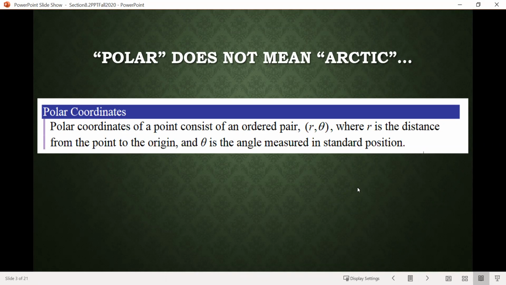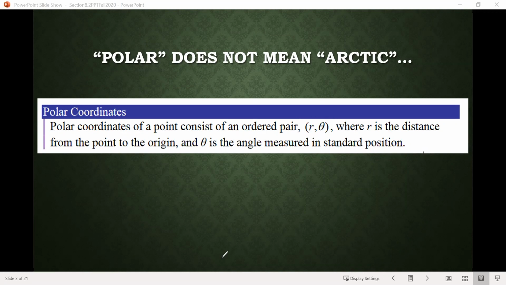So when we're looking at polar coordinates now, instead of having a point as, say, an x comma a y, we're still going to have an ordered pair, but this time it's going to be an r comma a theta. And we can think of r and theta in the way that we've been thinking about them this whole class. So r being a radius, a distance from the origin on a coordinate axis, and then theta being an angle rotation that we measure from starting in standard position.